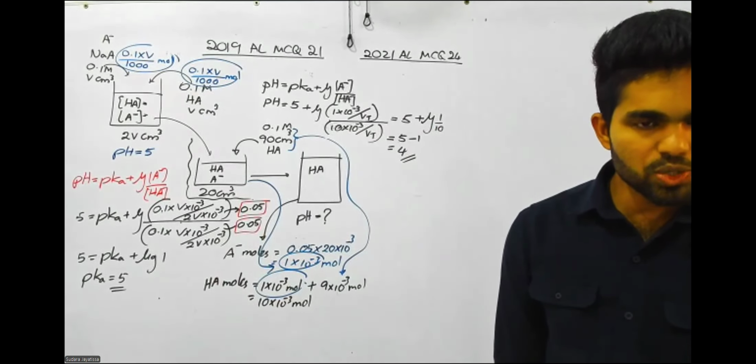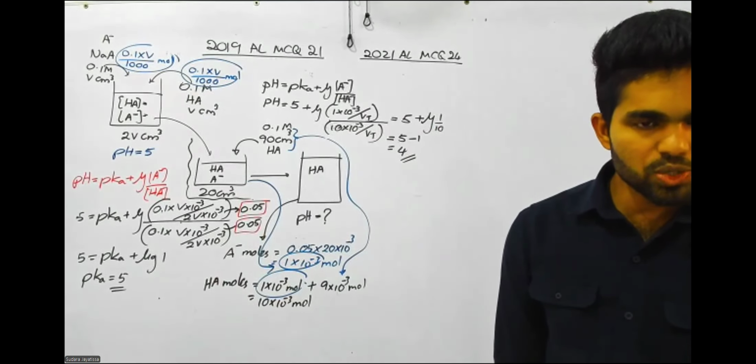The concentrations of weak acid and sodium salt in solution are 0.1 each. That means pH equals pKa, right? And they are asking for the volume of 1 mole per decimeter cube weak acid that should be added if you want to change the pH of 10 centimeter cube of this solution by 1 unit.